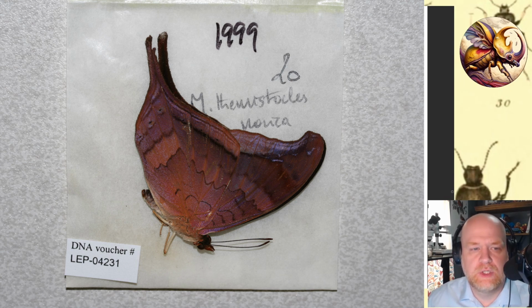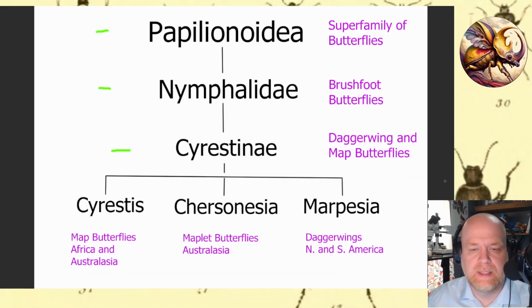They tend to lay their eggs on ficus trees within Central and South America, and places like Australasia and Africa. But there are a few of these which you can find on the east coast of the United States. Specifically in the United States, you'll be looking for Marpesia. Within the Cyrestinae, there are only 3 genera: Cyrestis, Chersonesia, and Marpesia, but Cyrestis and Chersonesia are found on other continents.